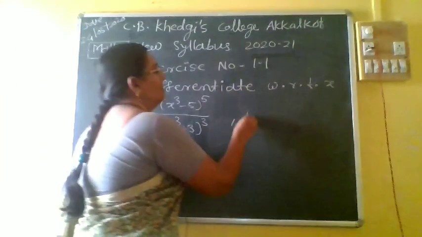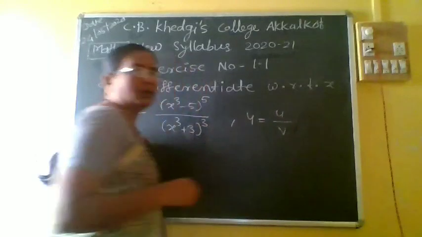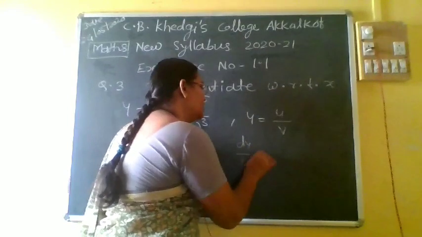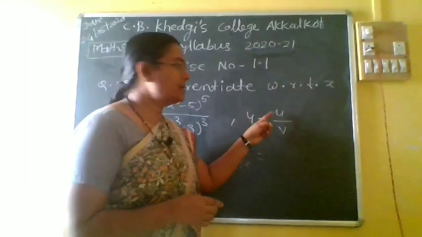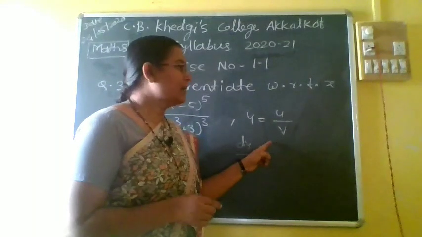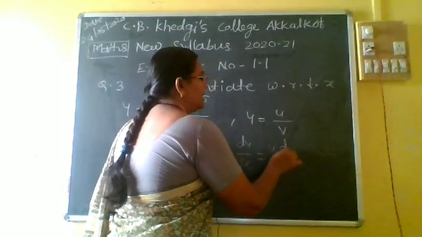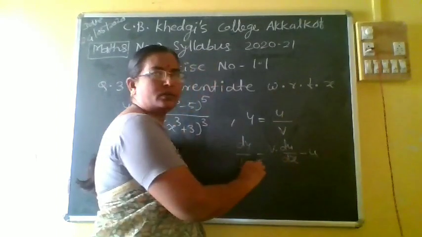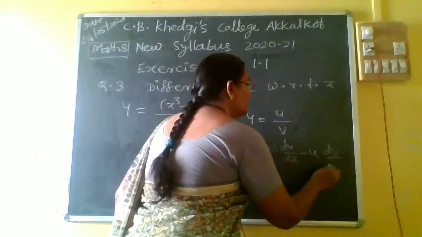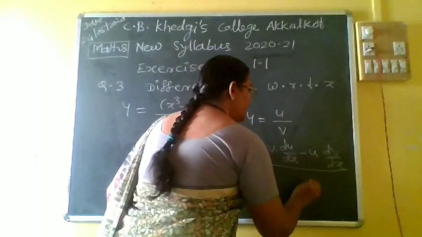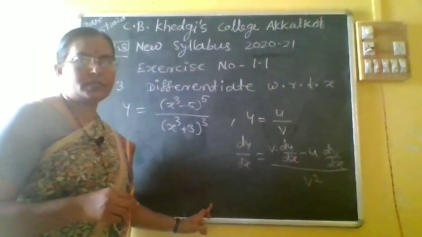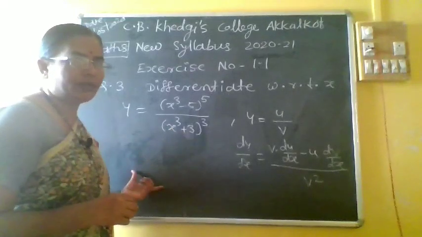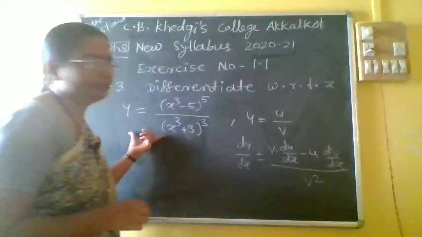This is of the type y is equal to u upon v, and the derivative dy by dx is equal to: keep the denominator as it is and take the derivative of the numerator, du by dx, minus keep the numerator u as it is and take the derivative of the denominator, dv by dx, divided by v square. By using this quotient rule, we solve the differentiation of this given function.